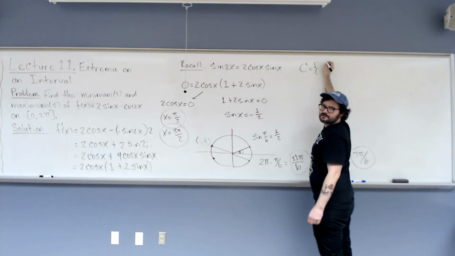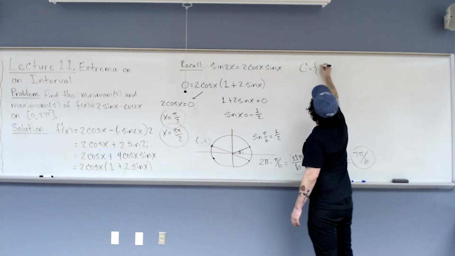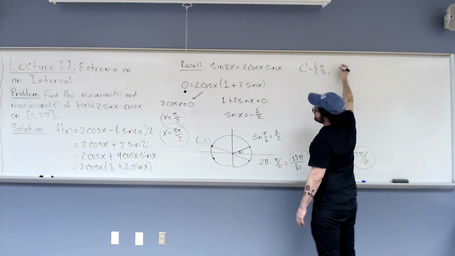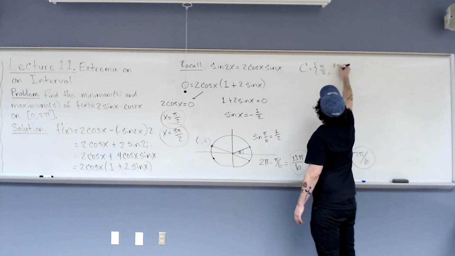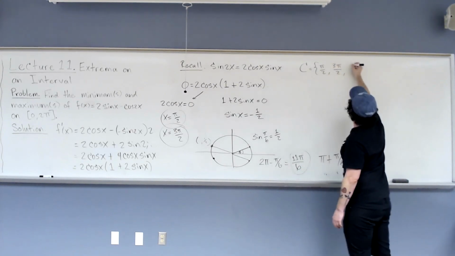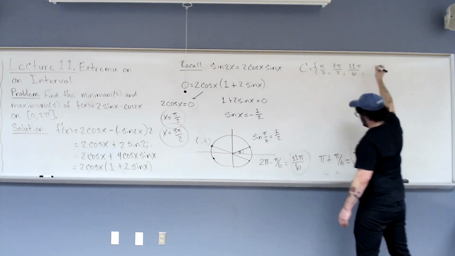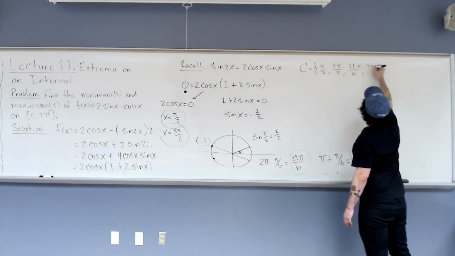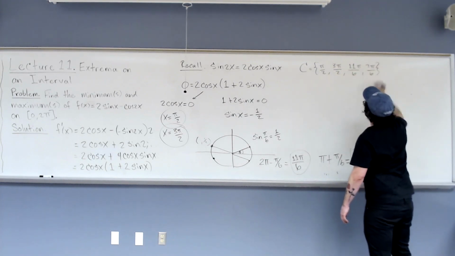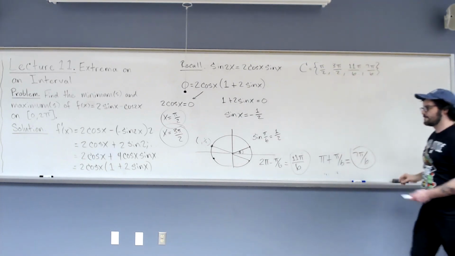C equals the set of pi over 2, 3 pi over 2, 11 pi over 6, and 7 pi over 6. Okay, so those are my critical numbers.